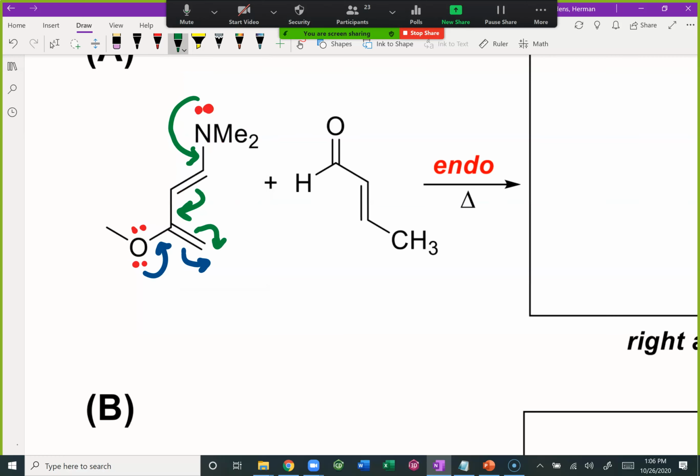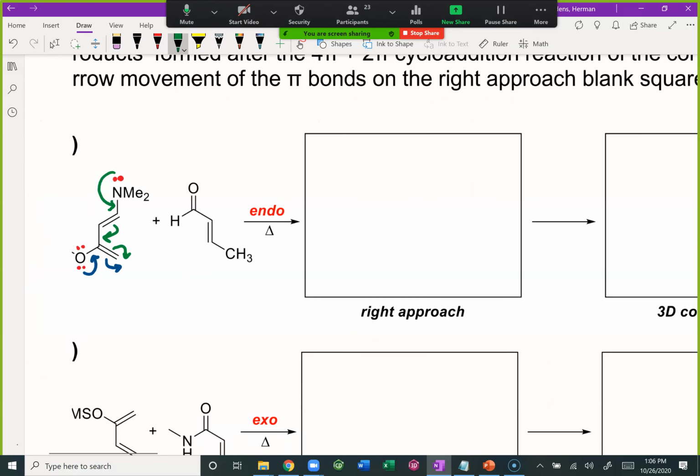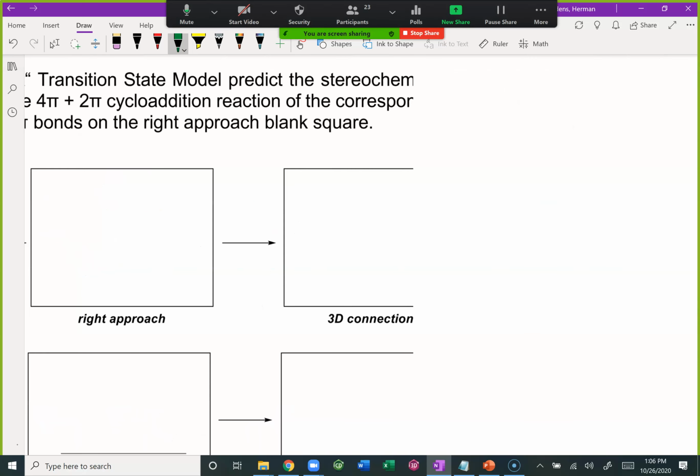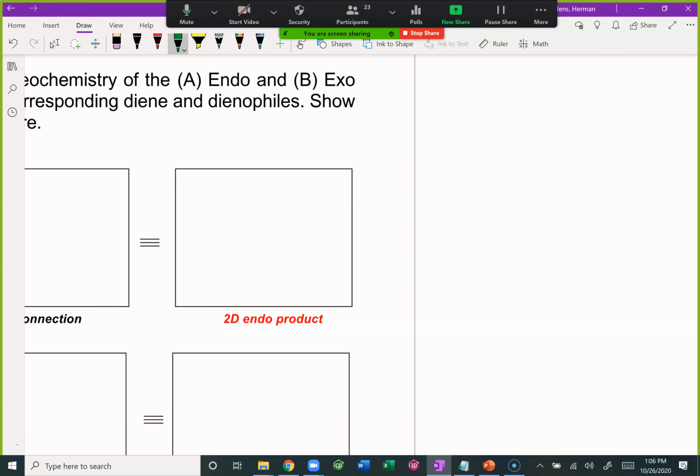So then, according to this model, you will know that this carbon, the electron-rich carbon, should end up at 6 o'clock. Hold on a second. Let me wait for this to populate.